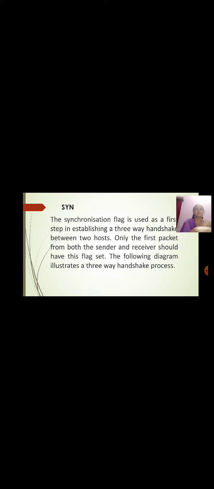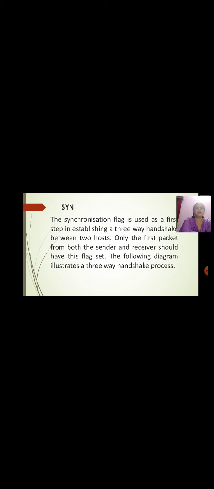SYN. The synchronization flag is used as a first step in establishing a three-way handshake between two hosts. Only the first packet from both the sender and receiver should have the flag set.